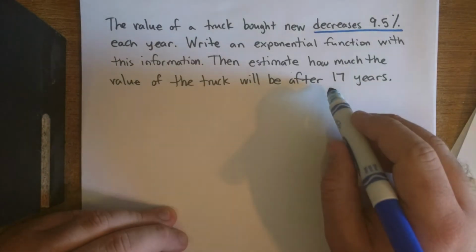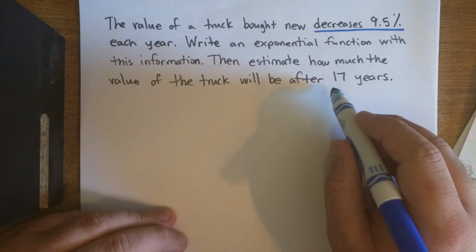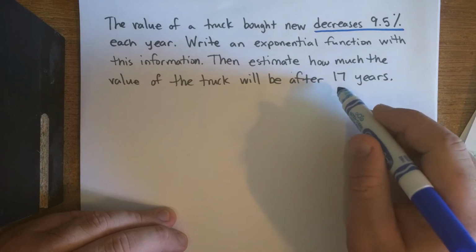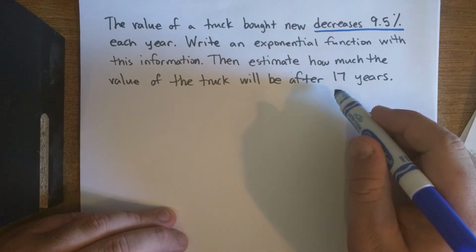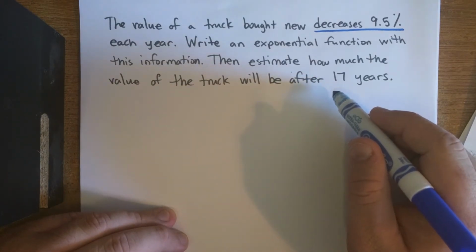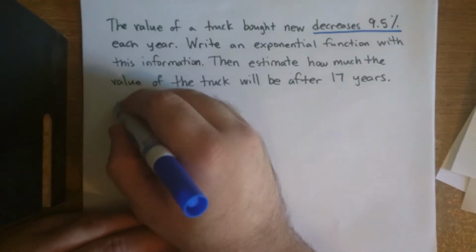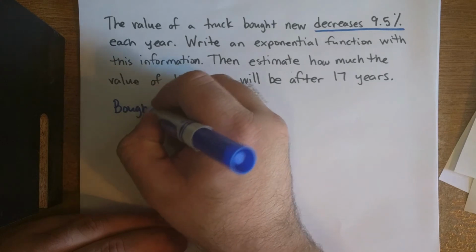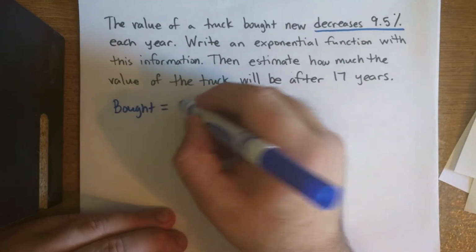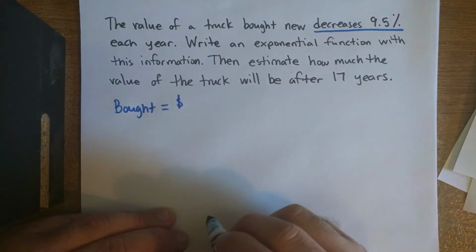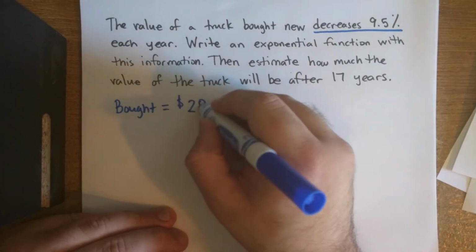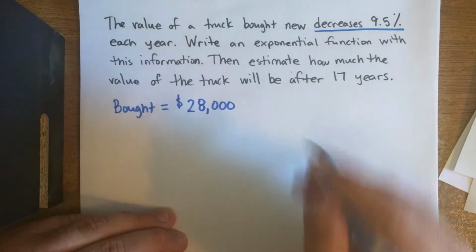I think we're missing information here. So let's say the truck is bought. Oh, I forgot to write this down. Sorry. Let's say we buy the truck for, I don't know, $28,000.